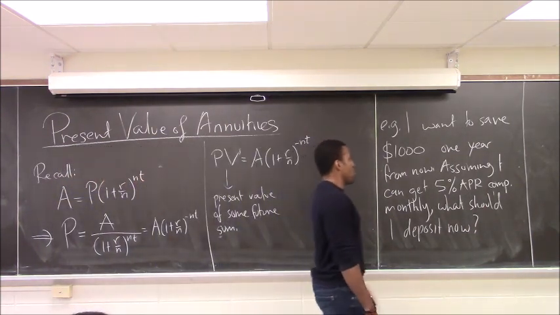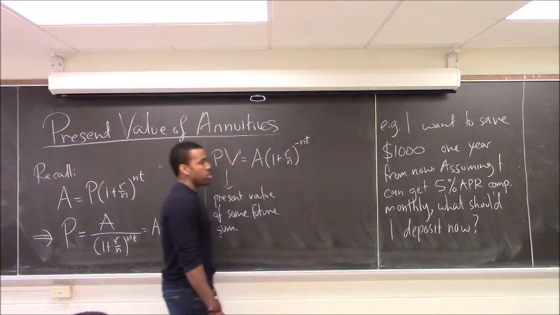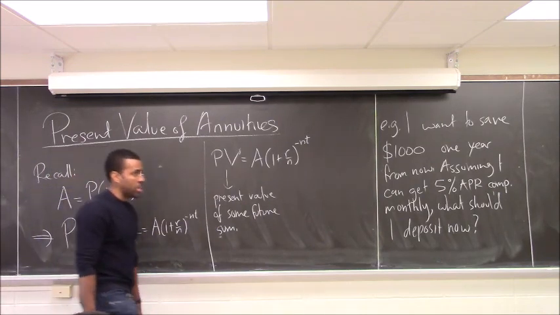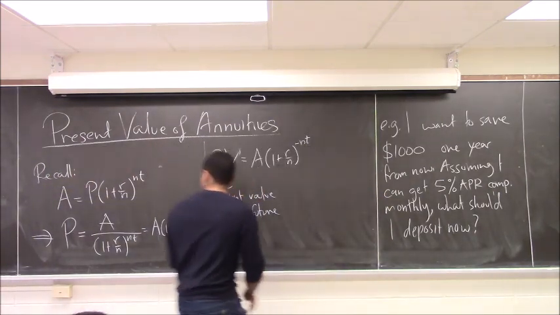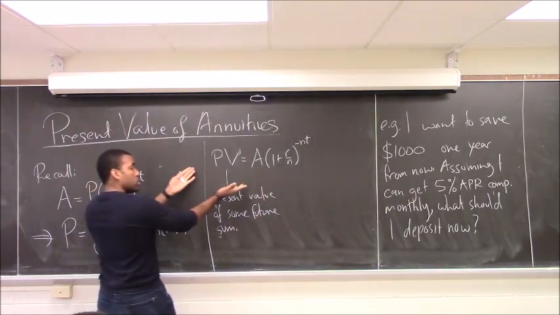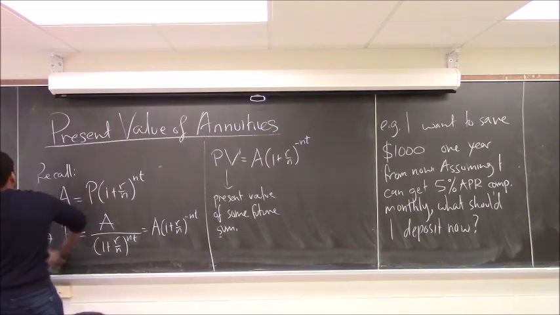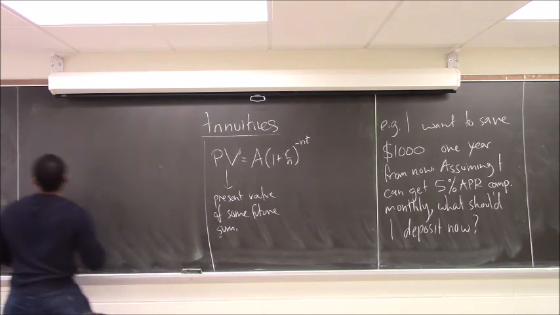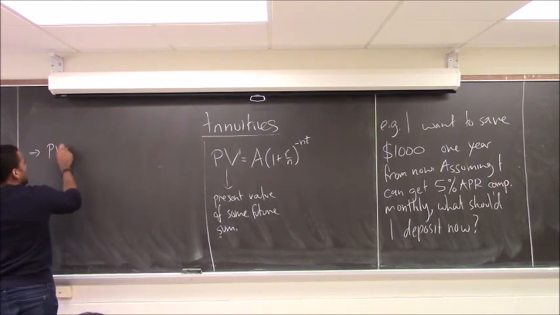So what is that $1,000 1 year from now worth to me today? What is it worth to actually pay for that under these conditions? And you can just use this formula. So this means here we have the present value.